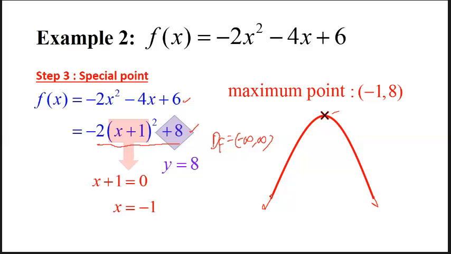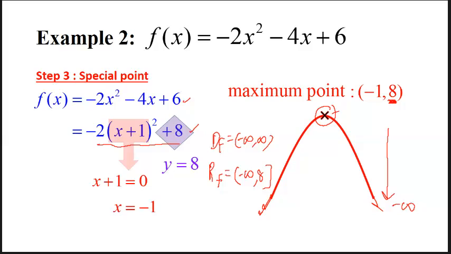For the range, it can go as high as this maximum point, where the corresponding y value is 8, and as low as negative infinity. Therefore, the range is negative infinity to 8, closed bracket, if I determine the domain and range by graphical methods.